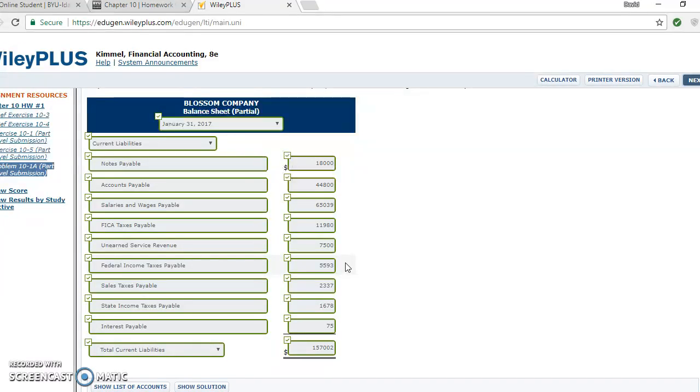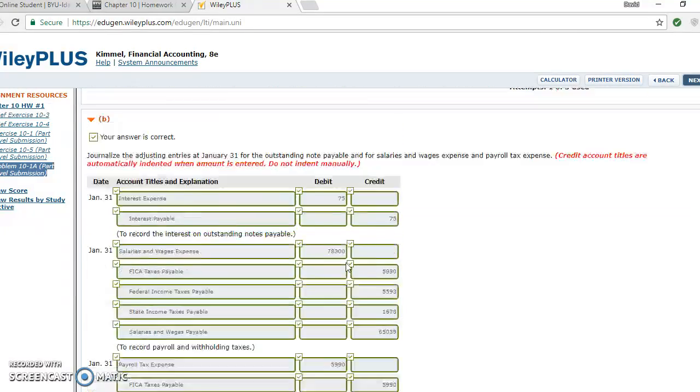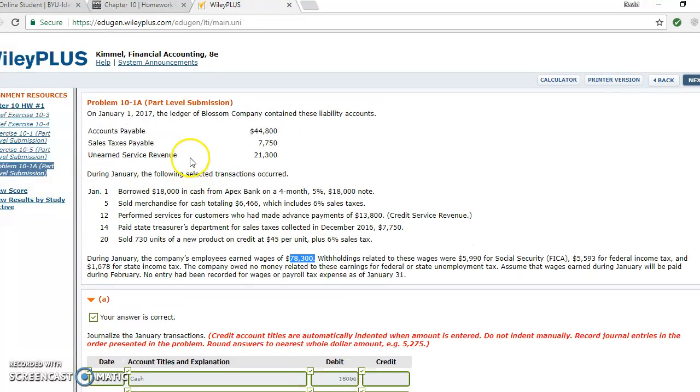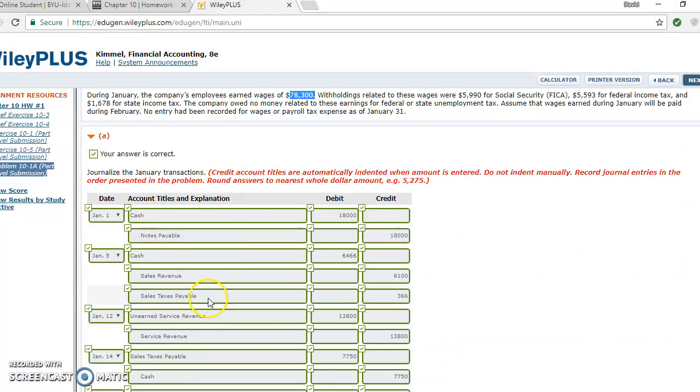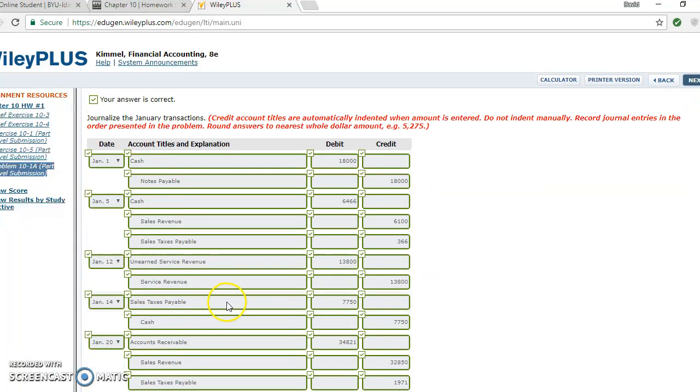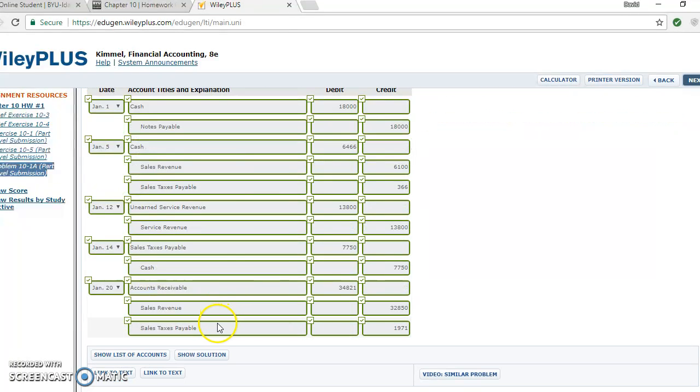Then the sales taxes payable. This one, you start out with the beginning, which was the 7,750. And then we look from the transactions that we had another sales tax payable, an additional $366. Then here, where we had the 7,750 debited, that is subtracted from the amount. And then the last one is the sales taxes payable, 1,971.